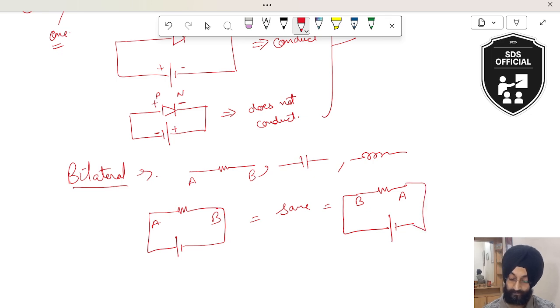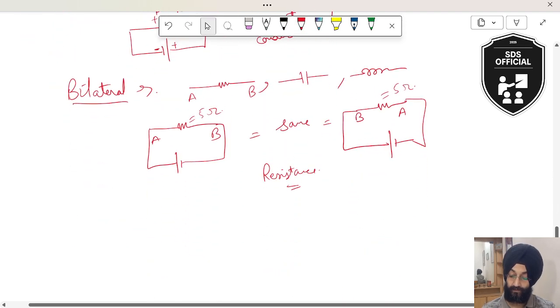So let us say if this resistor was of 5 ohms and if I reverse its direction, it will also oppose the current with the same strength, which is 5 ohm. Its quality to oppose the flow of current is the same. So it will offer the same resistance, same hindrance. So these kinds of devices are known as unilateral and bilateral devices.